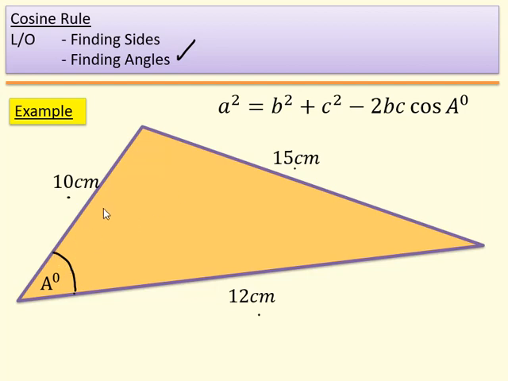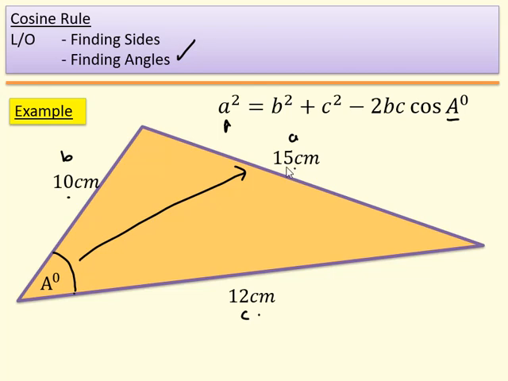So remember how it works is, if this is the angle A, then this side here would be the A in the formula, and these would be B and C in the formula. By the way, we don't know what that angle is. So one option is that you could plug in 10, 12, and 15 in the correct places in the formula, and then rearrange it to work out what cos A is and so on. So let's just do that now.